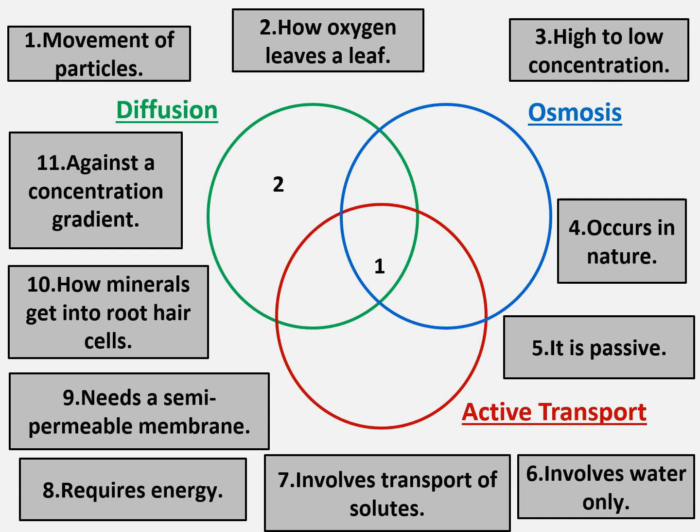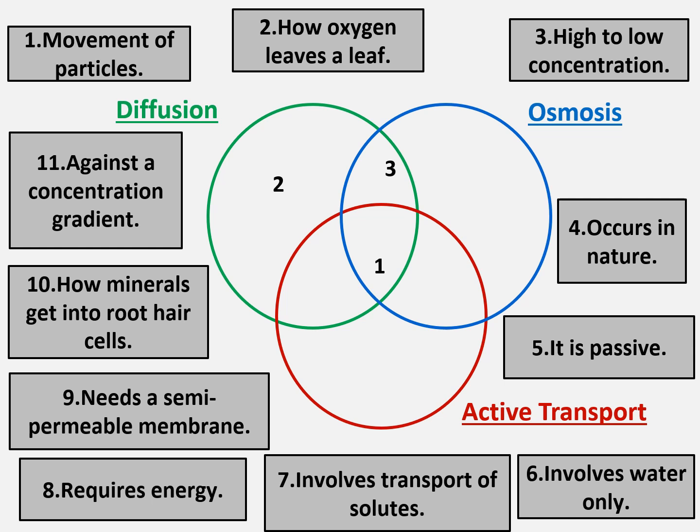Okay, you maybe remember from our last session that oxygen leaves a leaf via diffusion. It diffuses from inside a leaf through the stomata back into the air, from a high concentration to a low concentration. So number 3 definitely applies to diffusion, but it also applies to osmosis.